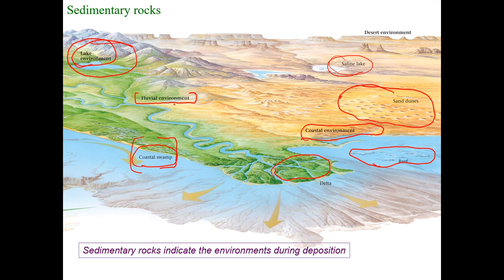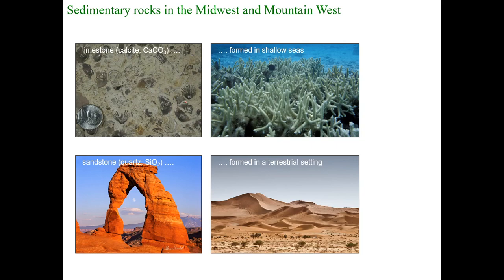So my point to you is that all these different environments deposit different kinds of sediment, and those sediments are going to turn into different kinds of rocks, and we're going to be able to tell what the environment was based off of what the rock type is, okay? For example, corals form a mineral, calcium carbonate, built up out of all of the marine organisms.